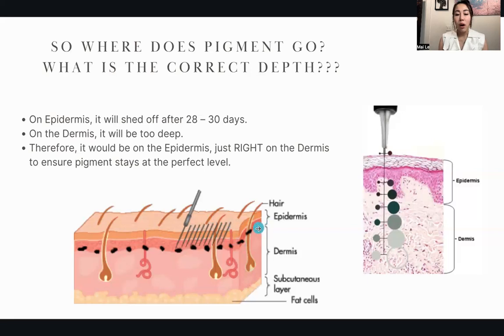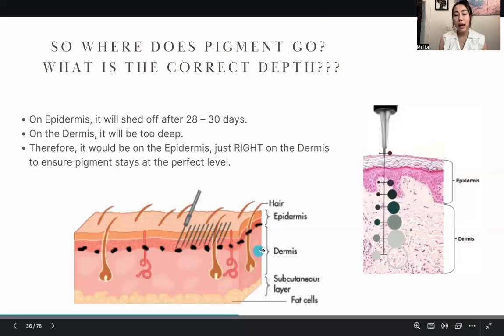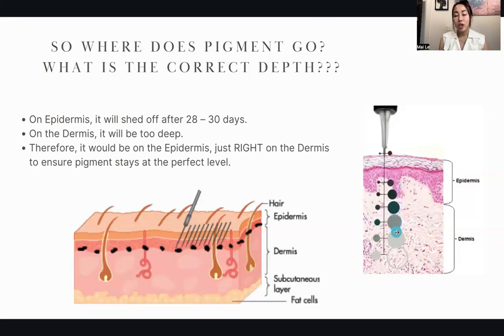So we want it to just touch the dermis, so that it provides a very soft shadow, a soft pigment effect for your client. We don't want to implant deeper, because the deeper you go, the darker and more bluish and grayish the tone is going to be.